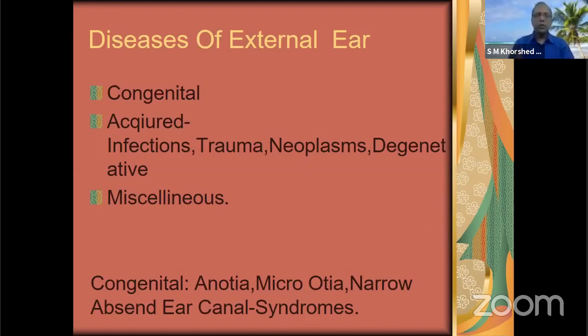Anotia means there is no external pinna. Microtia means the pinna is very small, with a narrow external ear canal, and there are some symptoms. We'll be coming to that.